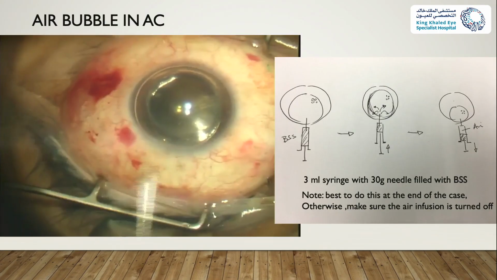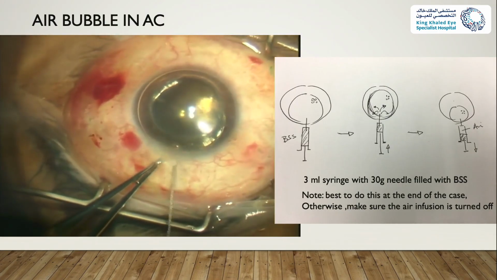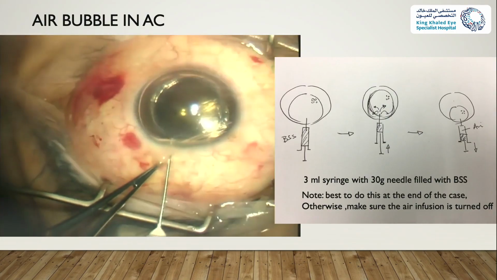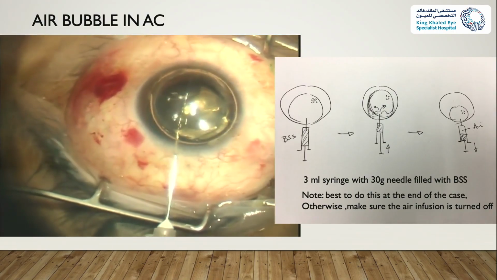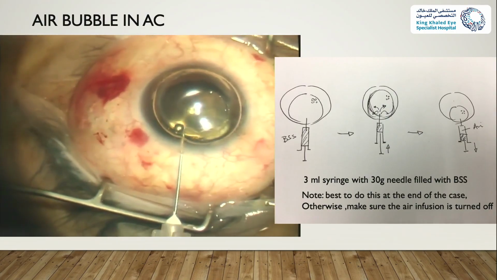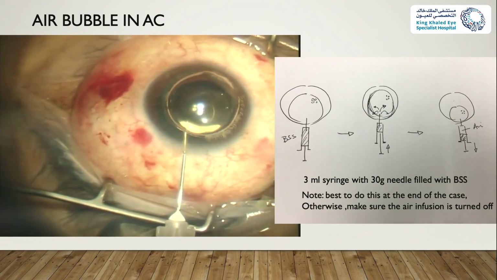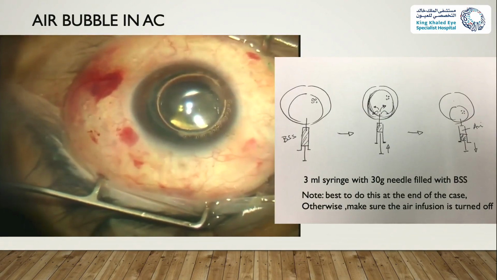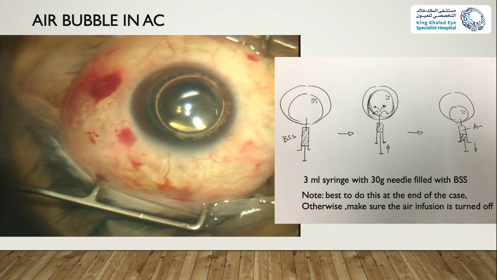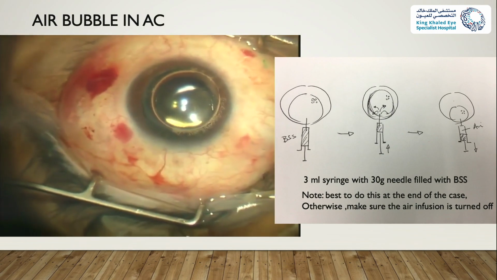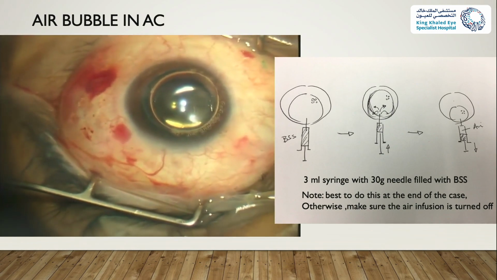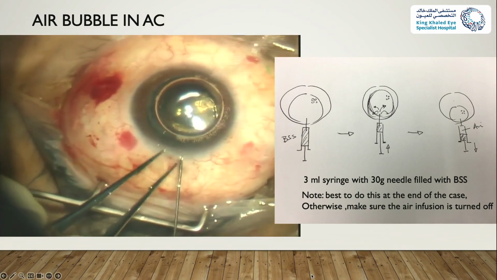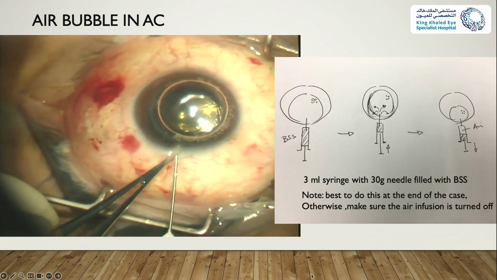So this is what I do, and there are many ways to do this, but this is one of them. There's an air bubble in the AC, and I have a needle with balanced salt solution. What I first do is inject balanced salt solution into the eye, which firms up the eye, and then I aspirate the air bubble with the needle.